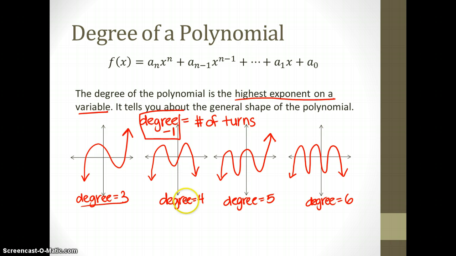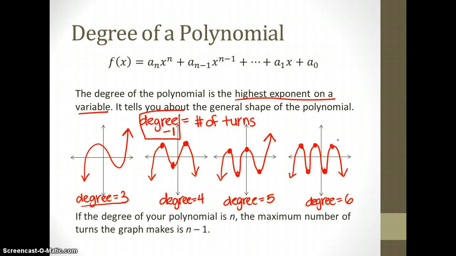In a degree 4 polynomial, you have a change of direction, change of direction, change of direction: 3 changes of direction. In a degree 5, you can have up to 4 changes of direction. In a degree 6 polynomial, you can have up to 5 changes of direction.